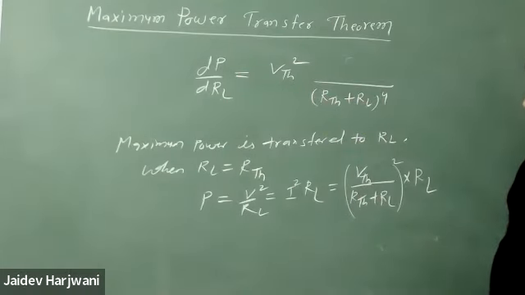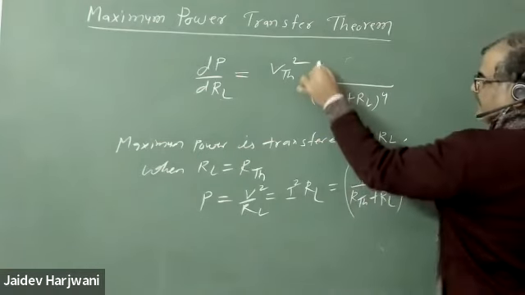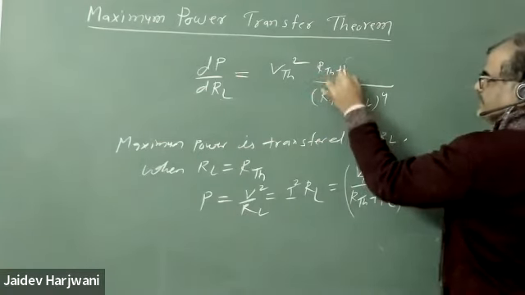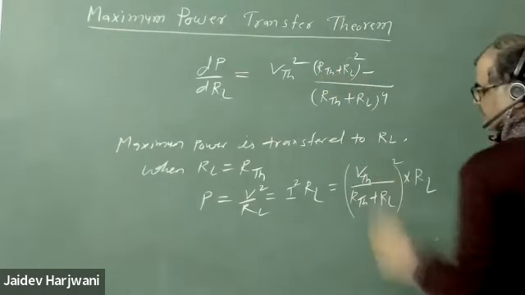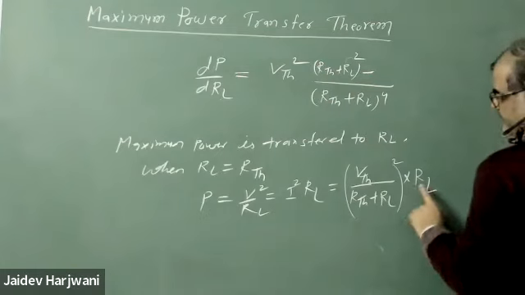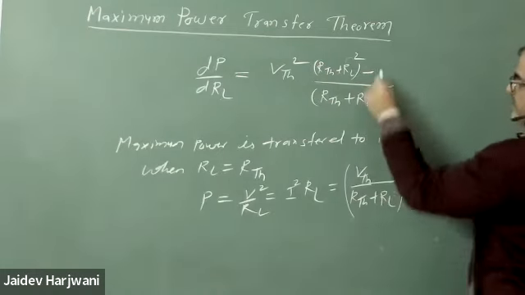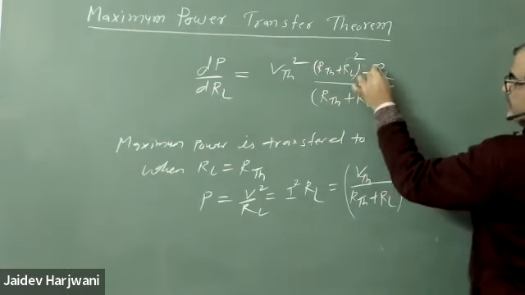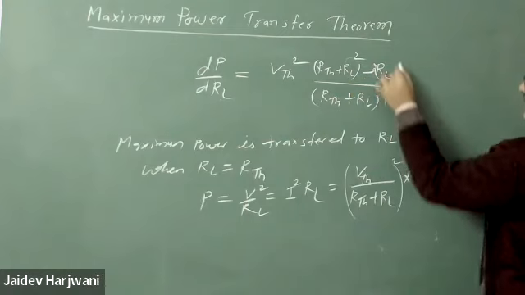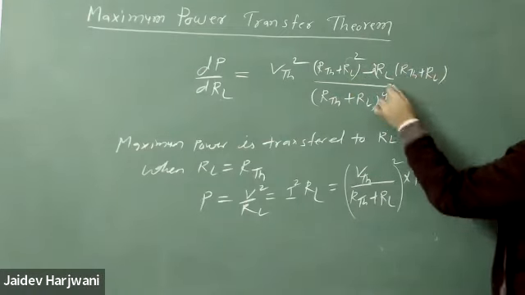Then I can write R Thevenin plus RL square, minus, now I have already differentiated RL, now I have to keep RL and differentiate this term. This will give me 2 RL into R Thevenin plus RL.